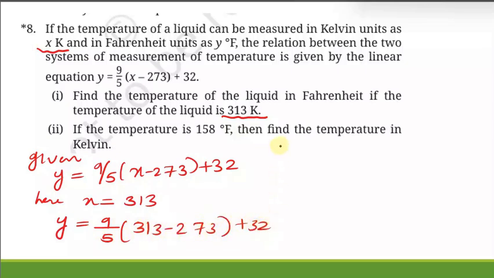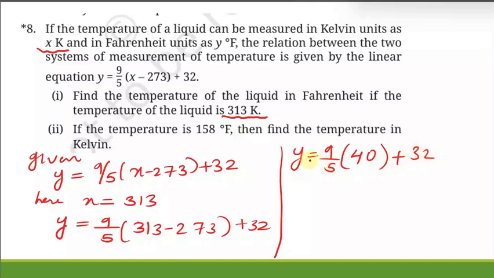So what will you get? y is equal to 9 by 5 into, 330 minus 273, you will get 57. So 57 plus 32. Okay, so in 57 how many times 5... 9 times 57 by 5, you will get it as 72 plus 32. You will get it as 104.